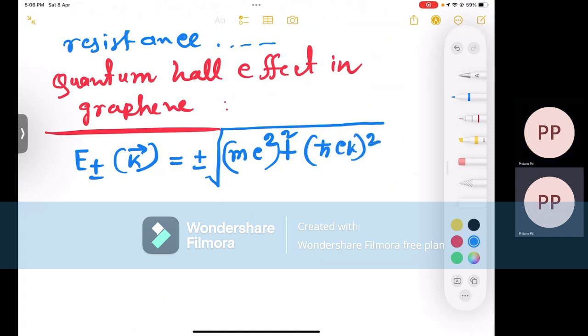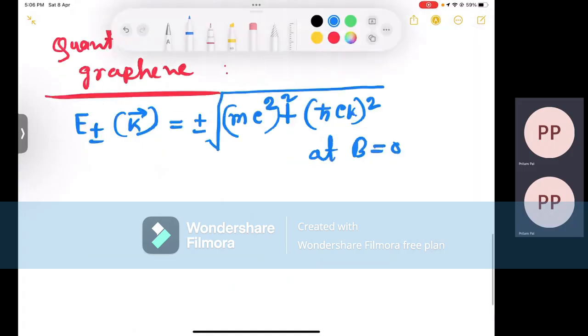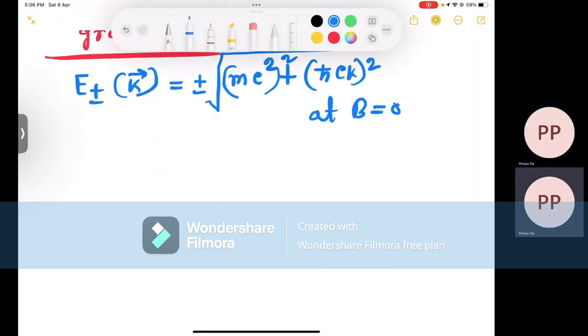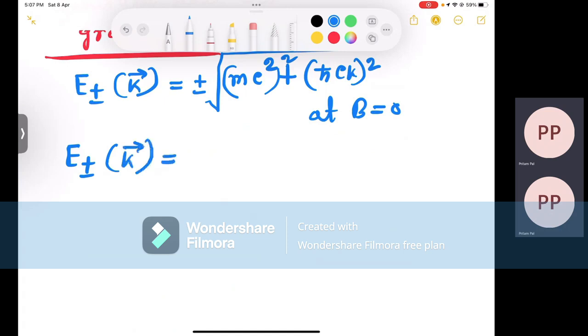Okay, and of course we have not applied any magnetic field over there, so B equals 0. In a non-zero magnetic field, the spectrum becomes quantized. So when we have, let's say, some finite magnetic field, this will be modified like this.